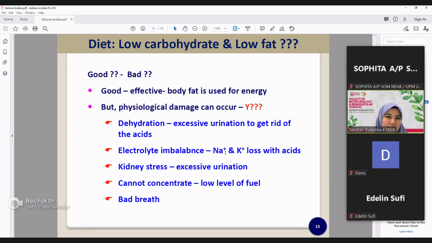I think keto diet, if you are doing that at a moderate level, it obviously will help you in terms of weight loss. But you should know yourself, whether you have any problem with your liver, with your kidney and everything.